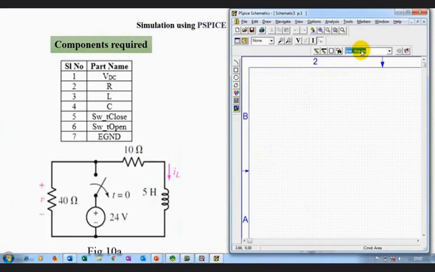So we need the switch open. Let's rotate them and place accordingly. We need two resistances, so let us rotate one. Then we need one VDC, one inductance, and one common ground.